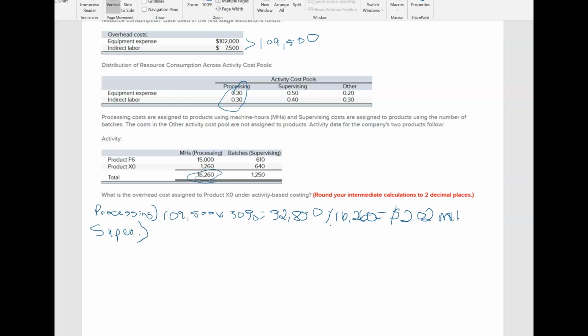And then supervising. This time the percentages are different, so we have to calculate them separately. 102,000 times 50%.